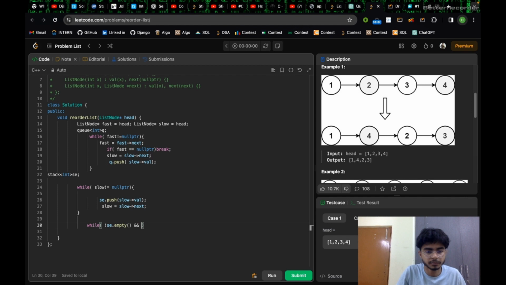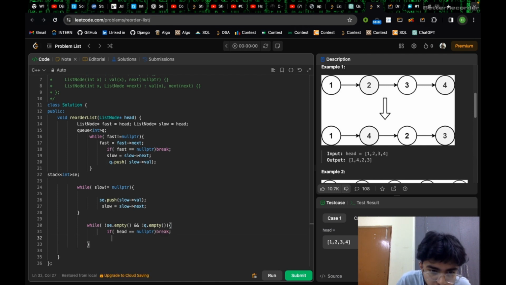Then, what if our head, we are going to change our head pointer, what if it gets a null pointer? So we would definitely be breaking. The first one to be stored would be from the stack, as it is in the reverse order.